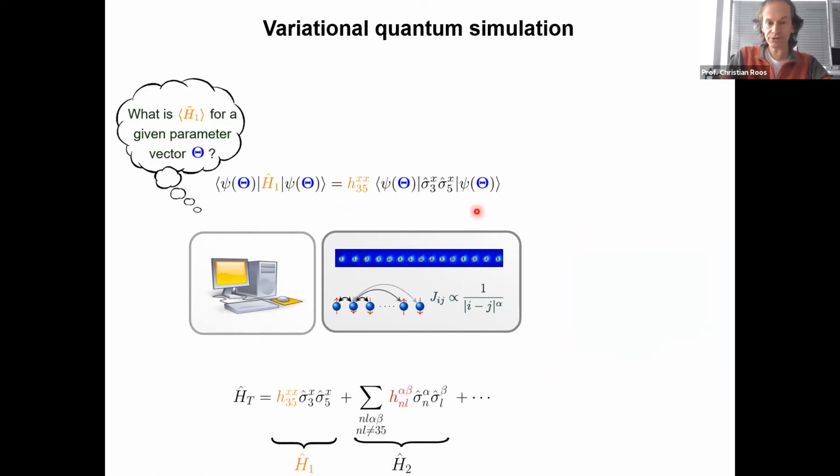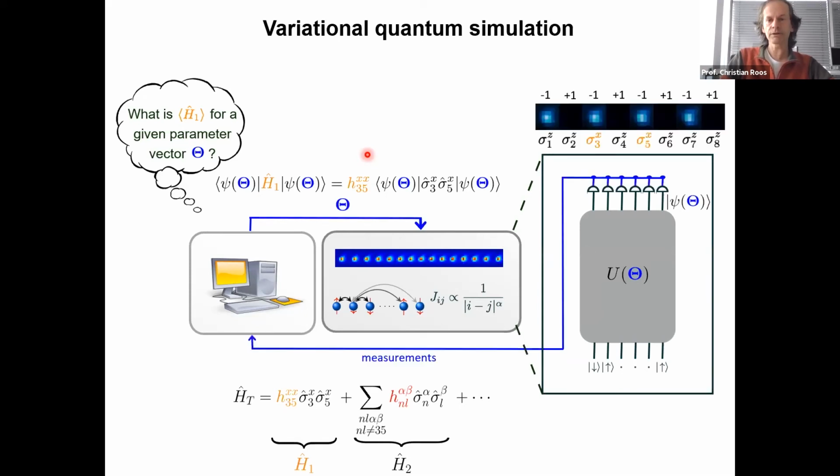And so in order to do this, imagine that we have now maybe one term here that is comprised of a measurement of the spin correlation between spin 3 and spin 5 in the x direction, and then there's a certain weight given to it in the Hamiltonian. And so we repeatedly measure our ions 3 and 5, and we correlate them, and we get, of course, different results.